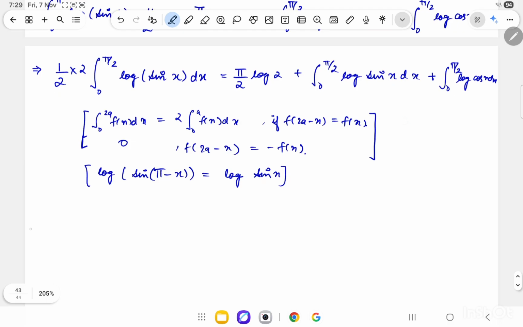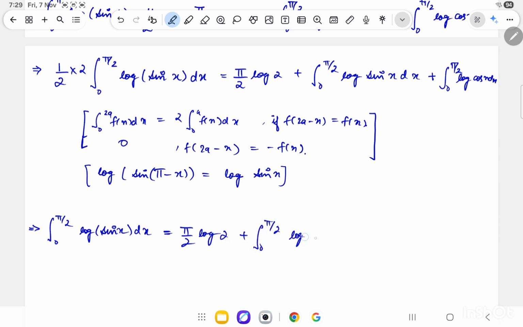Now this will be equal to the integral from 0 to pi by 2 of log sin x dx equals pi by 2 log 2 plus the integral from 0 to pi by 2 of log sin x dx.